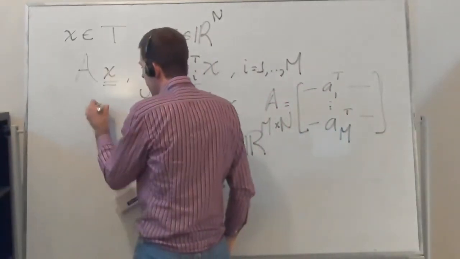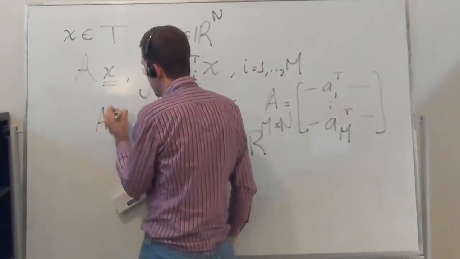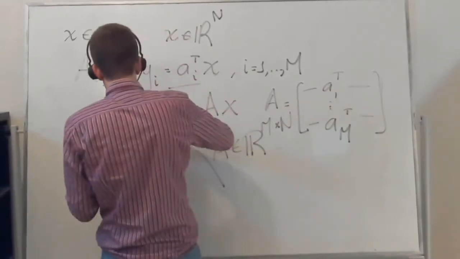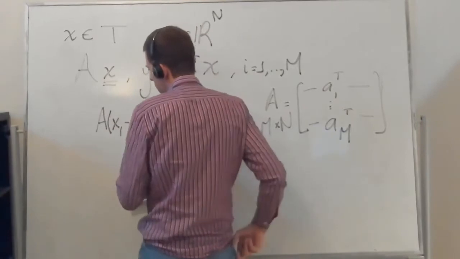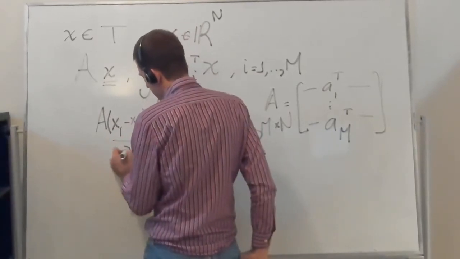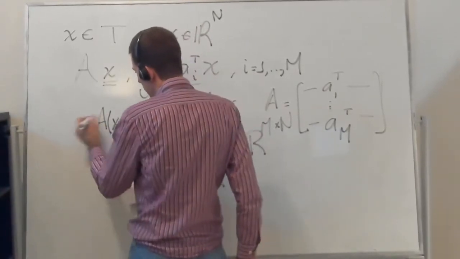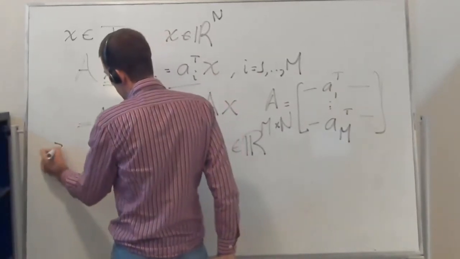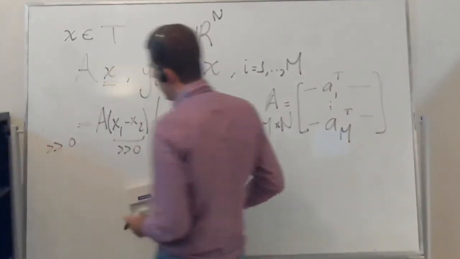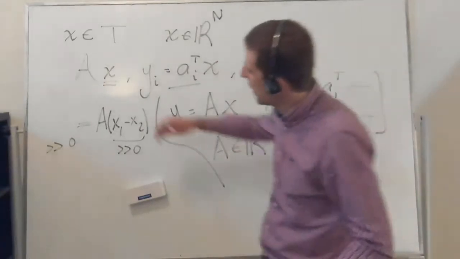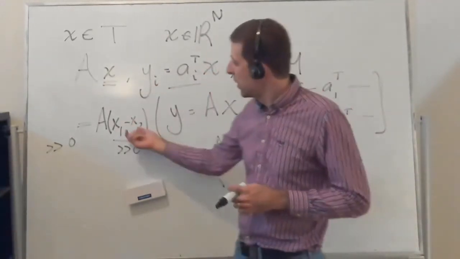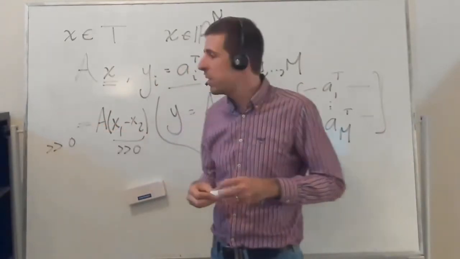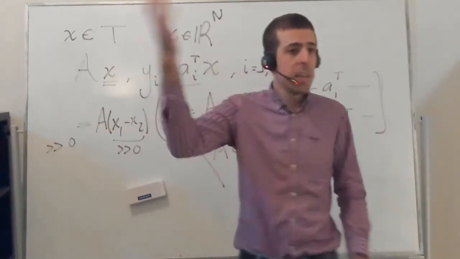I mean, if I have something like A of X1 minus X2, and this is bigger than 0 and a lot bigger than 0 by norm, it means that if I could measure two things and they're very different, then my output is also different. It means that if I measure something, there's nothing else possible.